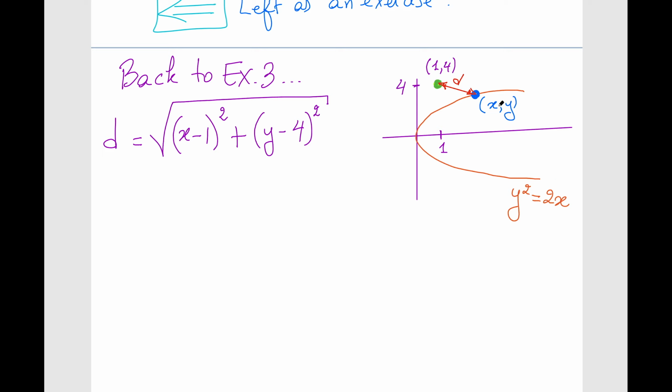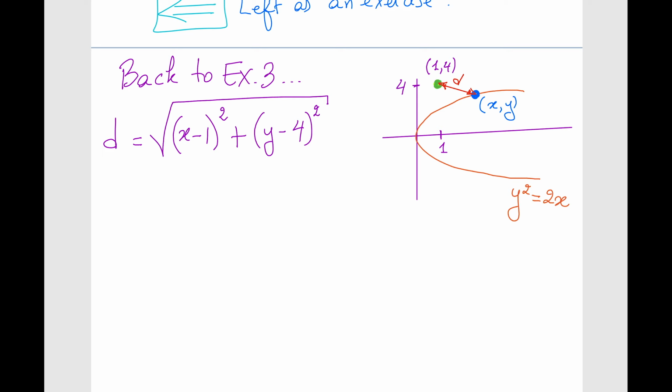So those coordinates have to verify this equation, and if you replace them, you should get a true statement.